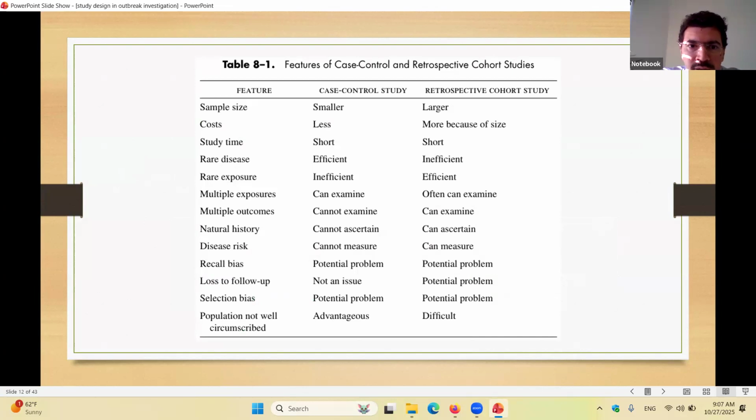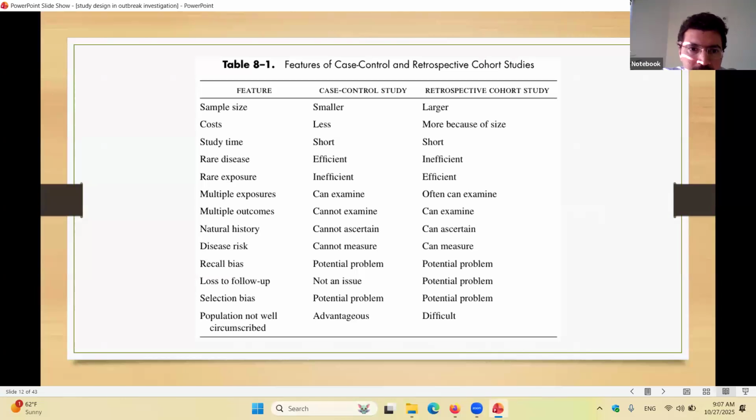I want to compare the features of case control and retrospective cohort studies. We compare some features, including sample size, costs, study time, rare disease, rare exposure, multiple exposures, multiple outcomes, natural history, disease risk, recall bias, loss to follow-up, selection bias, and population not well circumscribed.